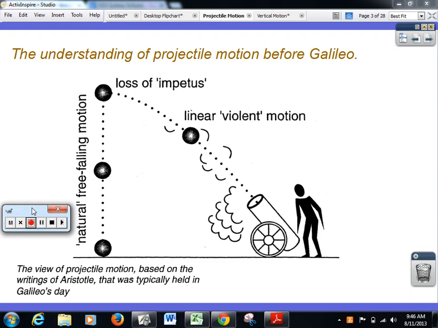And you get this linear violent motion coming out, up to the top, and as it came out, it would start magically. Remember, this is the years of magic, of alchemy, where you don't know what's going on, whether the demons are taking it away or whatever. We magically lose impetus to the environment.